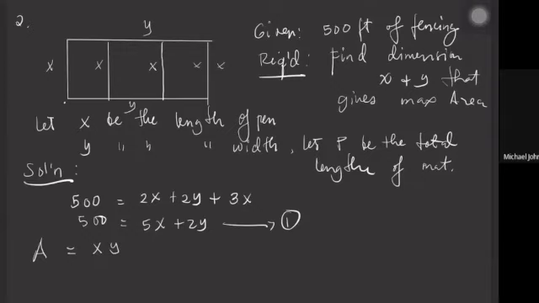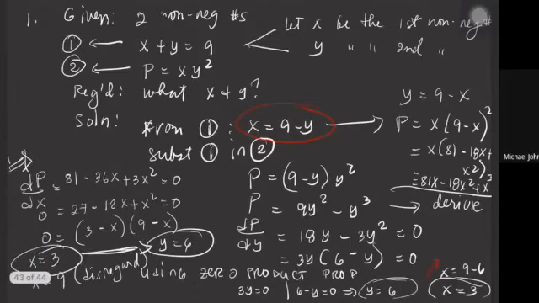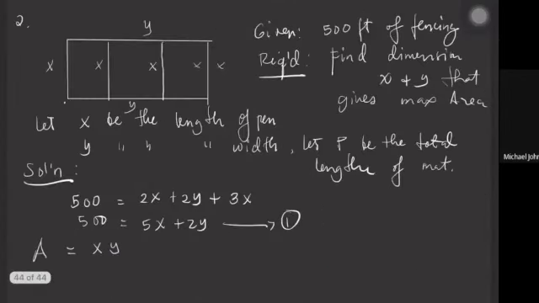Again, we make a representation of either x or y, the same with what we've done in the first problem. So therefore, maybe from equation 1, if you want to represent x in terms of y, you can have 5x equals 500 minus 2y.